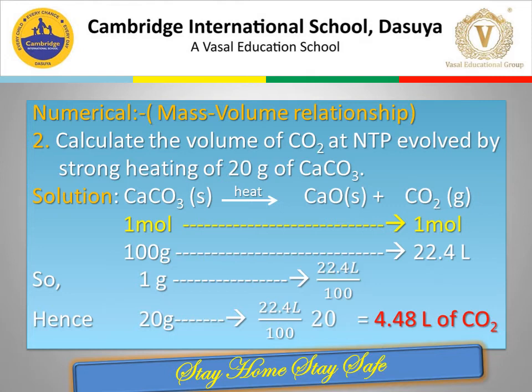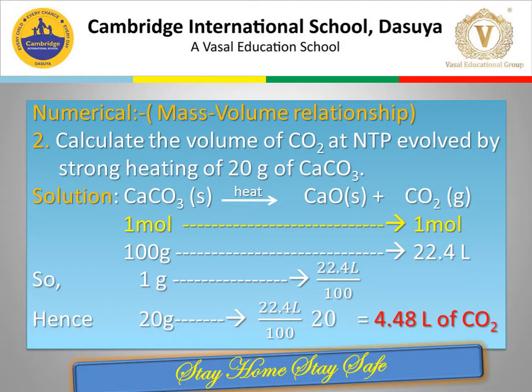From this equation we see that 1 mole of calcium carbonate gives 1 mole of carbon dioxide, and since mole is related to the gram molar mass as well as the gram molar volume, and here we want the relationship between mass and volume, we will convert 1 mole of calcium carbonate into gram molar mass, that equals 100 gram, and 1 mole of carbon dioxide equals 22.4 liters, which is the gram molar volume.